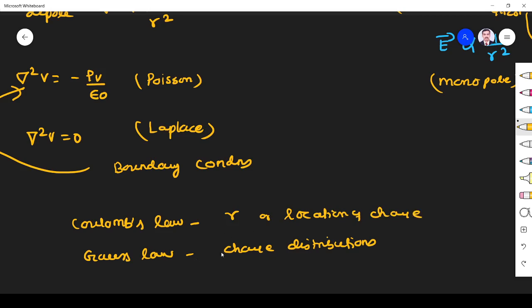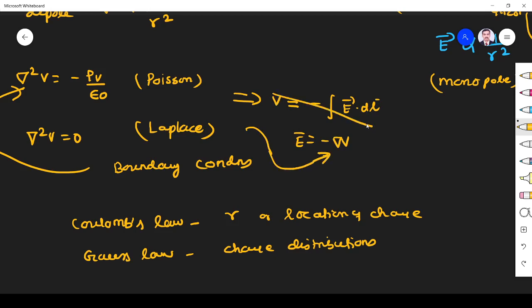If charge distribution is not known, Gauss law fails. Under those conditions, we can use Poisson's equation and Laplace equation. From that we can find V, and from V we can find the electric field. E is equal to minus del V, the gradient of potential. So in this way, potential is really helpful and makes our problems very simple.